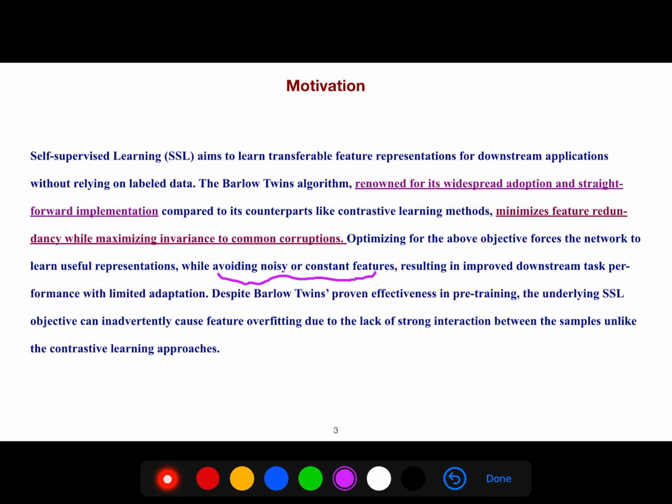Despite Barlow Twins' proven effectiveness in pre-training, the underlying self-supervised learning objective can inadvertently cause feature overfitting due to lack of strong interaction between samples, unlike the contrastive learning approaches.